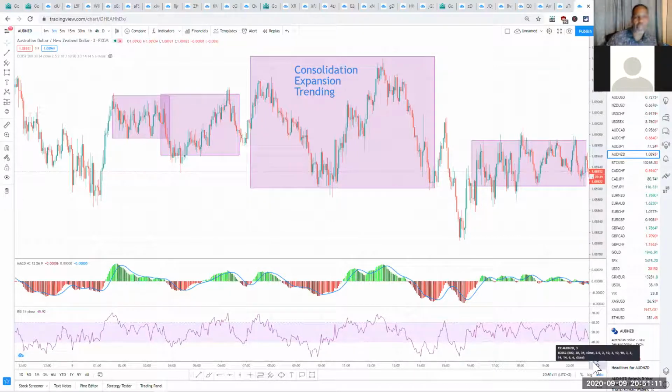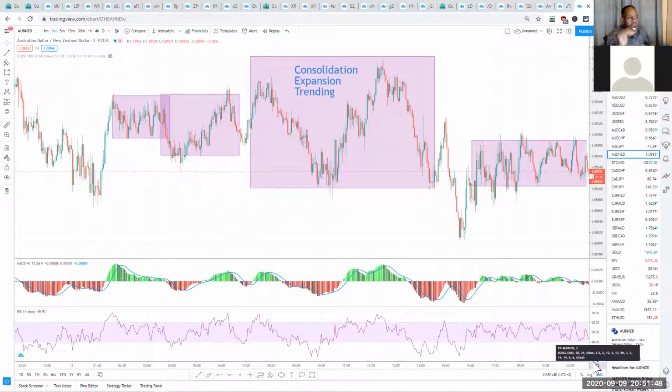That is why sometimes the problem with an oscillator is that it can tell you that the market is overbought or oversold, and it is still buying when it is overbought, and it is still selling when it is already oversold. All right. So you don't know why the market is still going while the RSI is no longer having any space to go. So that is the problem with an oscillator, because the oscillator only oscillates between a particular range.